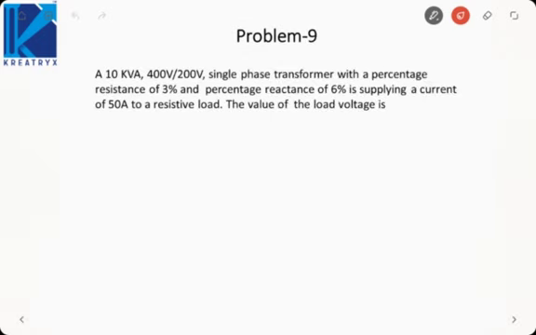In our next problem, it is saying a 10 kVA 400 by 200 volt single phase transformer with percentage resistance of 3%, percentage reactance of 6% is supplying a current of 50 ampere to a resistive load. What is the value of load voltage? Okay. So let us, since this resistance and reactances are given in percentage, let us find the current also in per unit. For that, I will need rated current, and rated current on the secondary side.